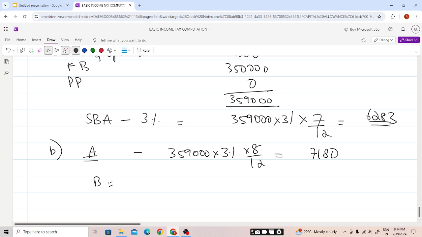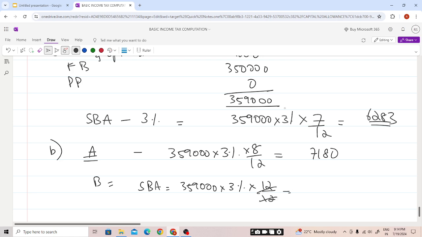And students, the buyer will claim structure and building allowances of 359,000 into 3% into 12 months.